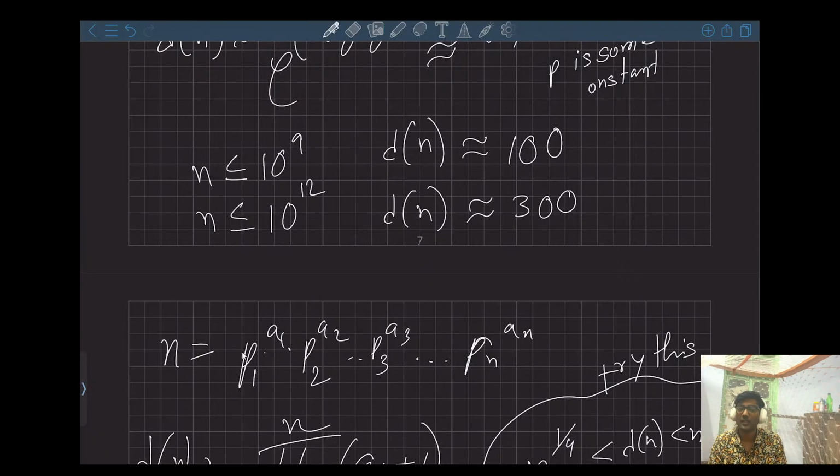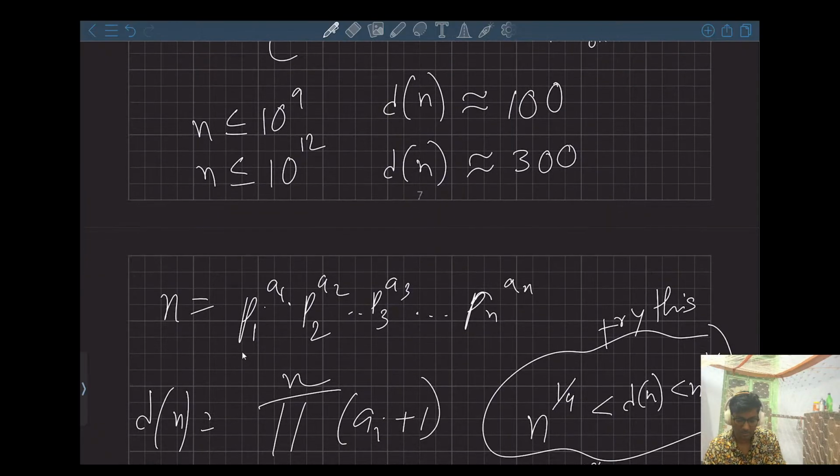So not correct. And 9 by 4 is around 2 point something. But still small. So 1 by 5 maybe. Like 12 by 4 is 3, but still smaller.